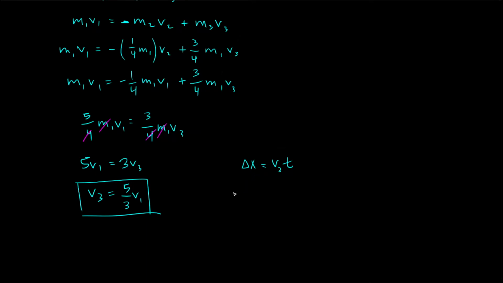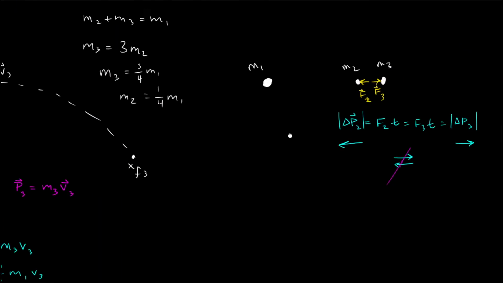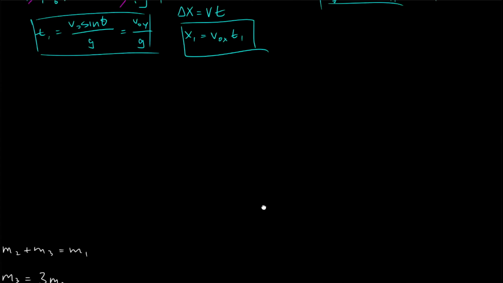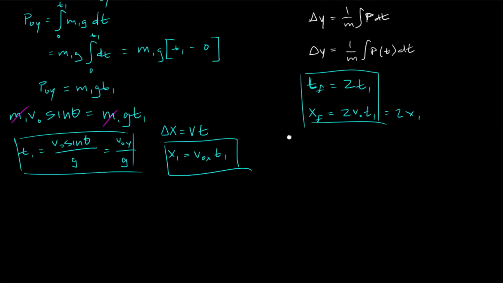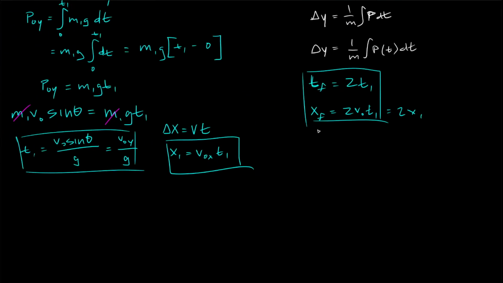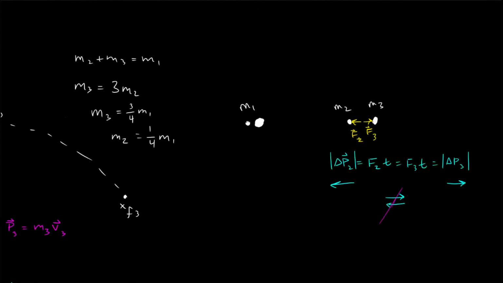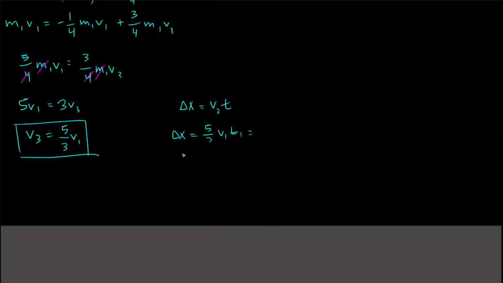Then we have delta x equals 5 thirds v1 t1, or because v1 t1 is equal to xi, we can say delta x equals 5 thirds xi.